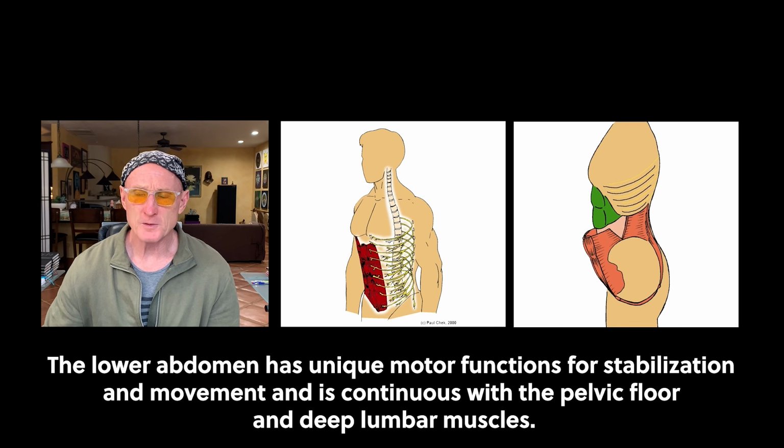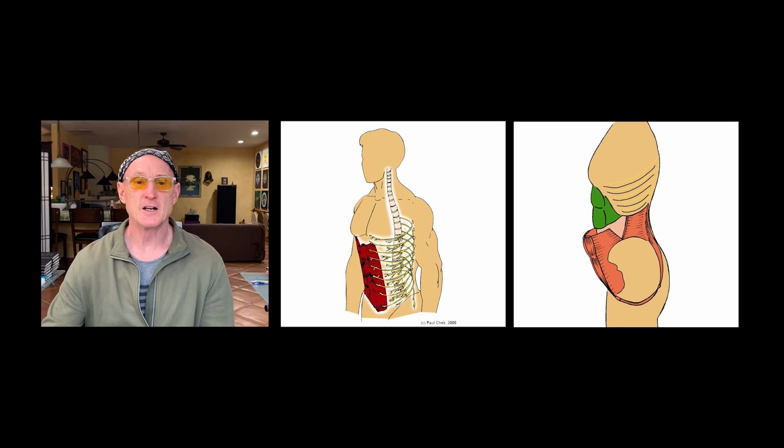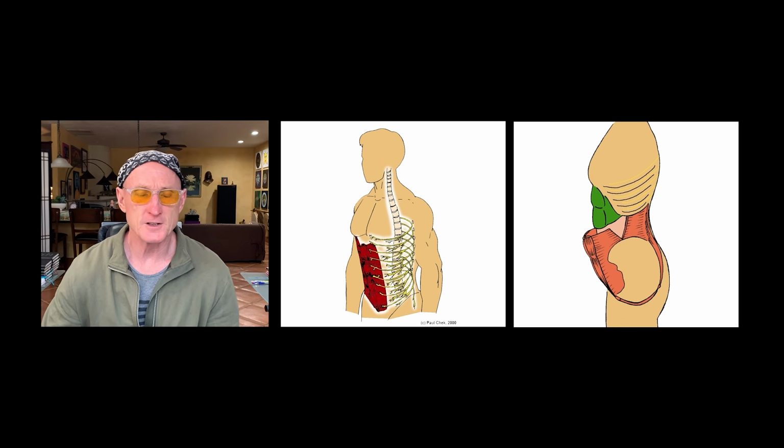So what's important about that is it's very, very common to find people with low back pain that do not have normal lower abdominal muscle function, which is important to the stabilization of the pelvic girdle and sacroiliac joints and the hip, knee, ankle, and foot.